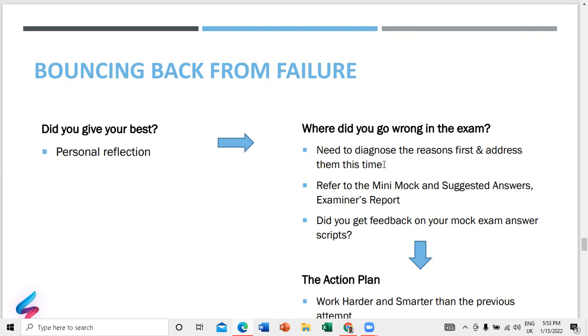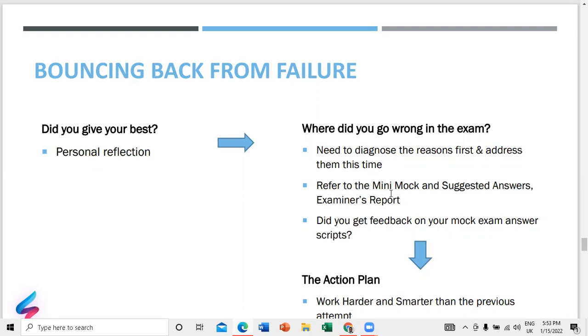Okay, you need to diagnose the reasons first and address them this time, rather than repeating the same mistakes again and again. So most of the issues are pertaining to what type of answers you are supposed to provide. Okay, and most students do not know what the examiner requires out of you.